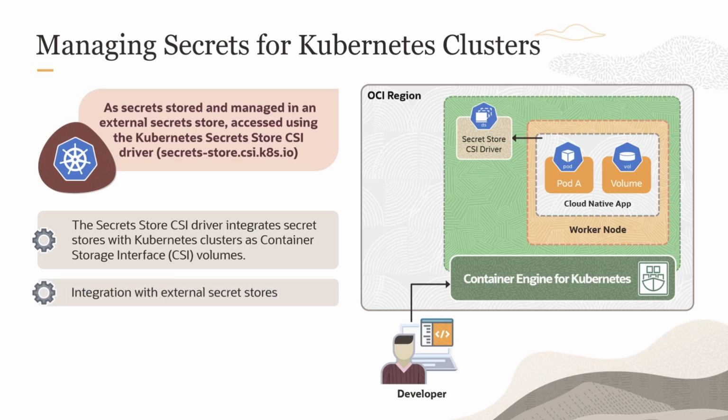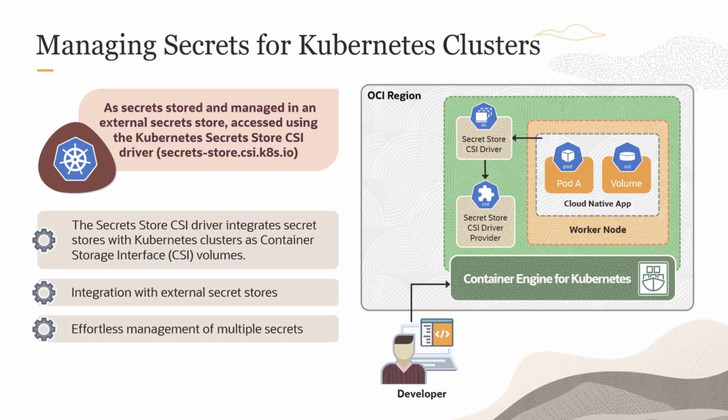The Kubernetes Secrets Store CSI driver facilitates seamless integration between our Kubernetes clusters and external secret stores. With the Secret Store CSI driver, our Kubernetes clusters can mount and manage multiple secrets, keys, and certificates from external sources. These are accessible as volumes, making it easy to incorporate them into our application containers.